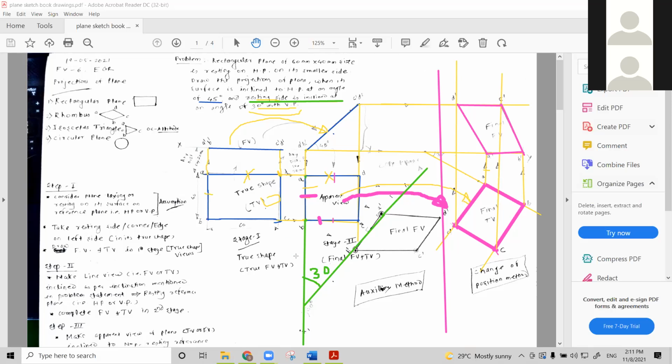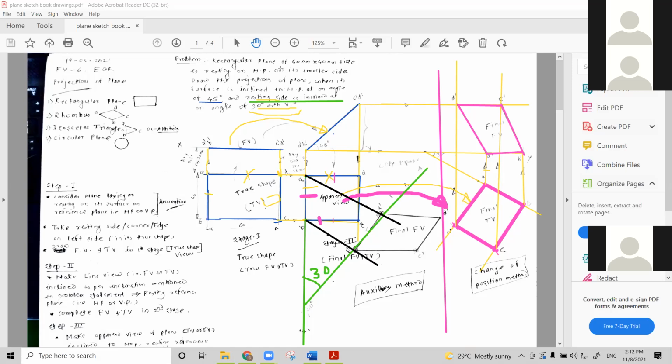So how will you get the points? See, from each point, through A, draw a line which is going to be perpendicular to this line. It should be perpendicular, right? Suppose I take it from B, I will take it perpendicular to this.